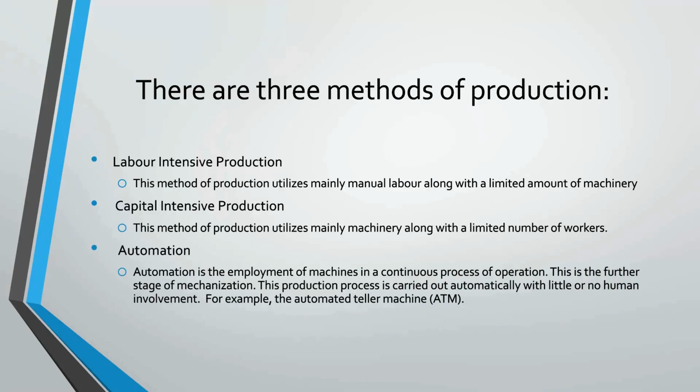Capital intensive production utilizes mainly machinery along with a limited number of workers, while automation is the employment of machines in a continuous process of operation. This is the further stage of mechanization. This production process is carried out automatically with little to no human involvement, and an example that you're familiar with is ATMs, which are known as automated teller machines.